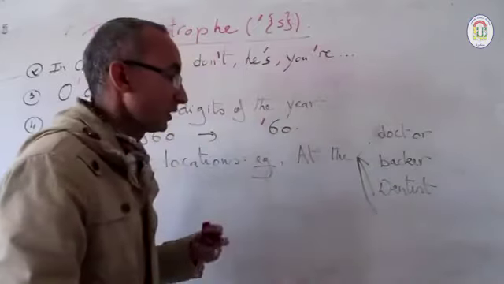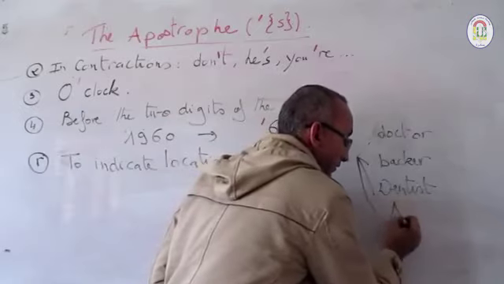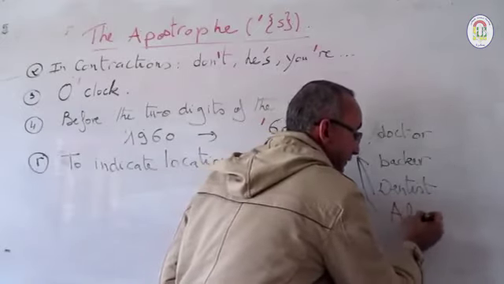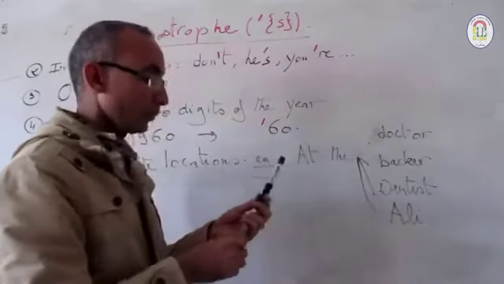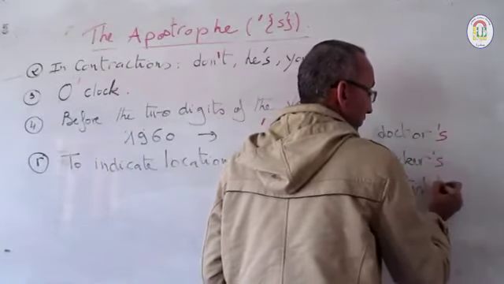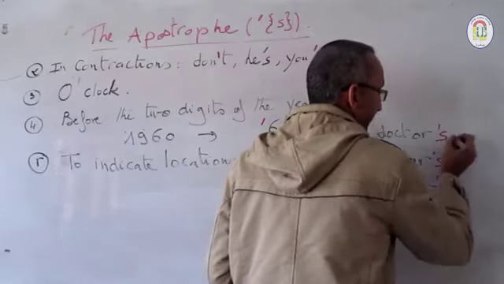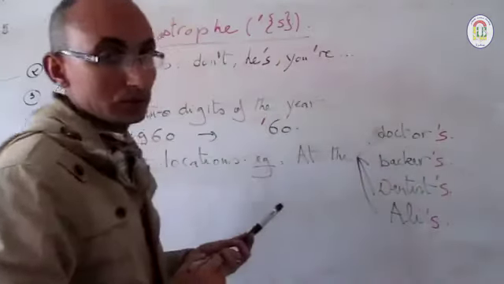I am at, for example, Ali's, or Steve's, or Max's. So when you put an apostrophe s at the end of these nouns, it means you are at their location or headquarters. Okay.